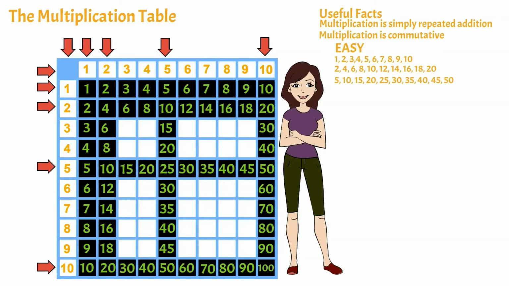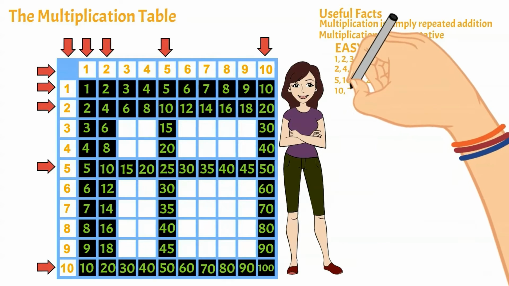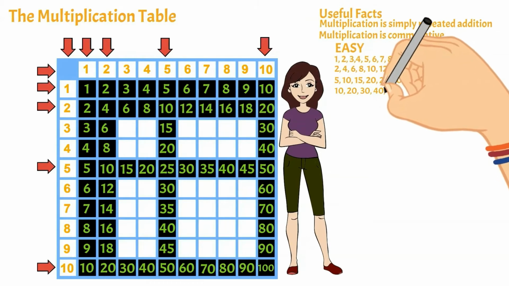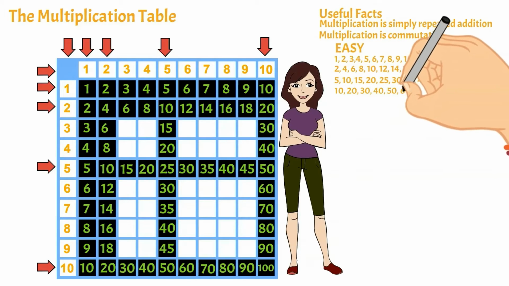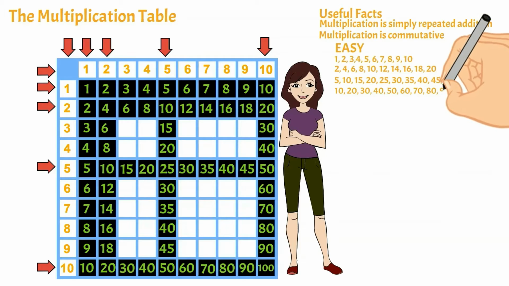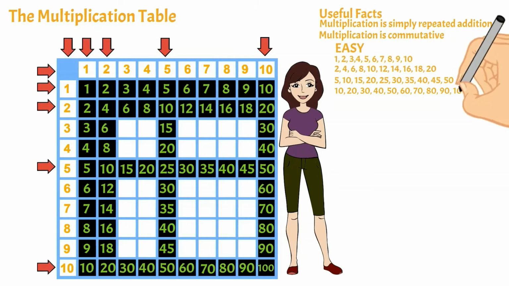Let us count by 10. 10, 20, 30, 40, 50, 60, 70, 80, 90, 100. Since counting in tens is easy, multiplication by 10 is also made easy.